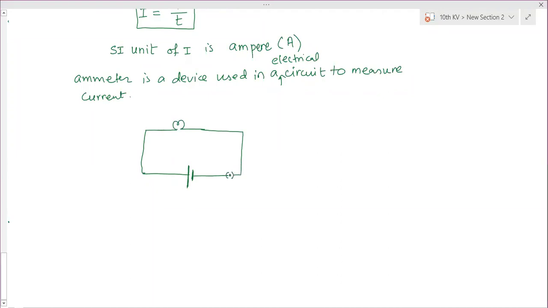This is the symbol of a closed key. And when we don't show the dot, that is an open key. Switches are represented this way. Here the connection is not there, so it is an open switch.